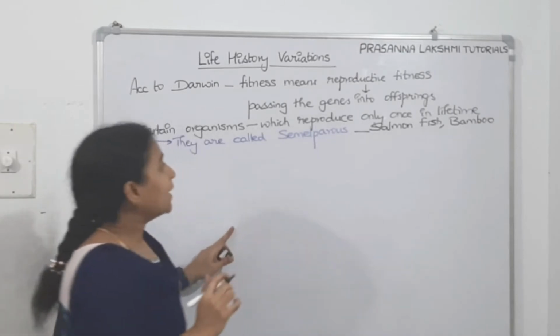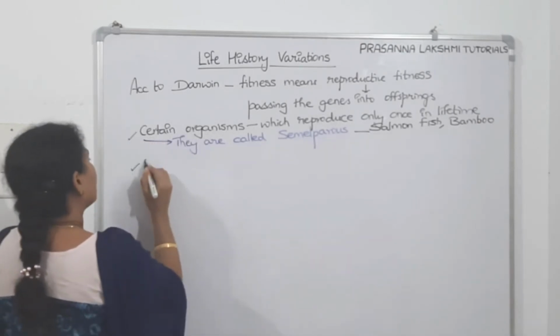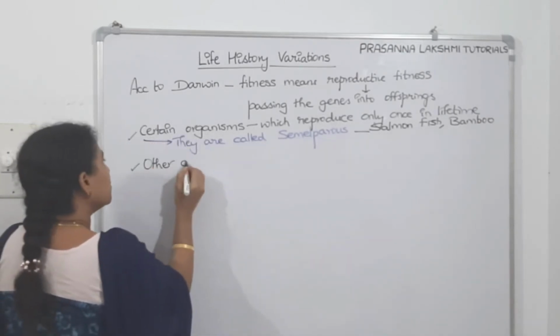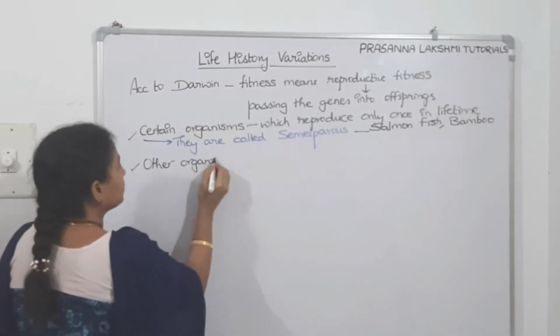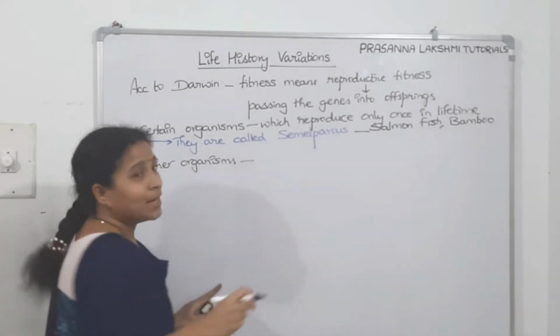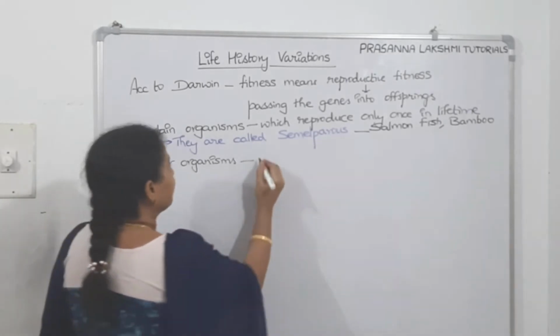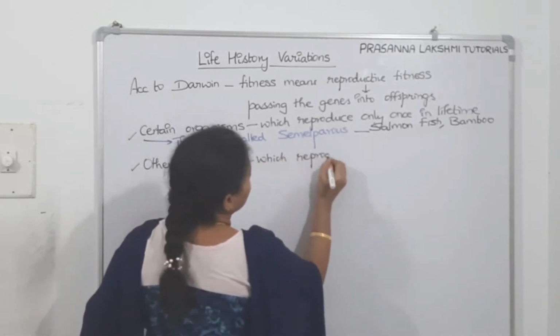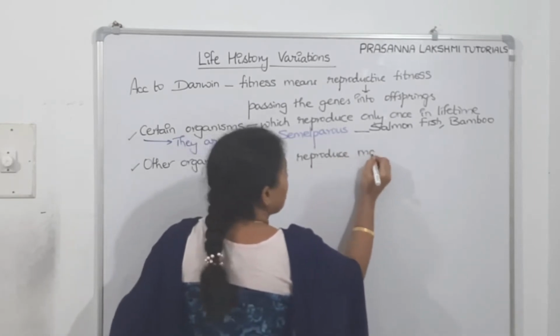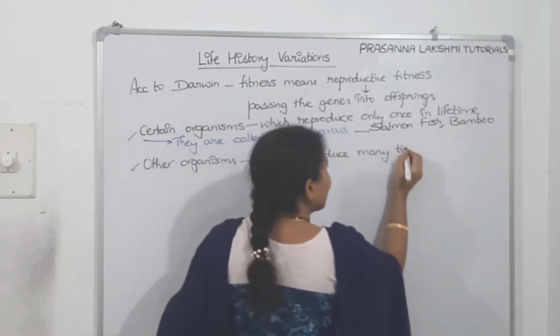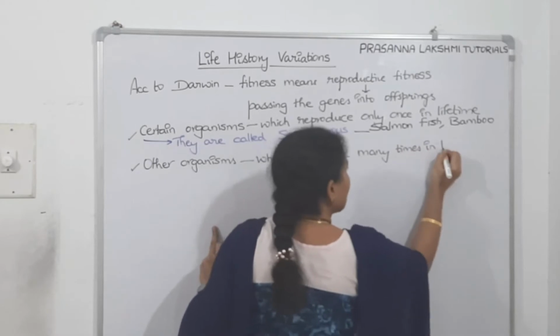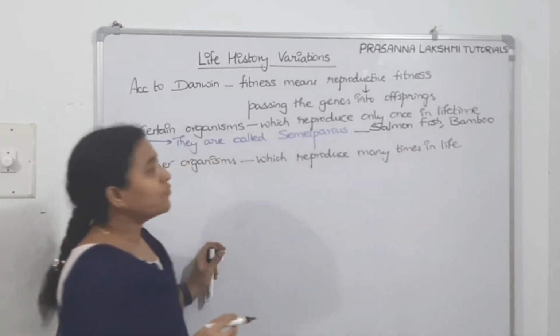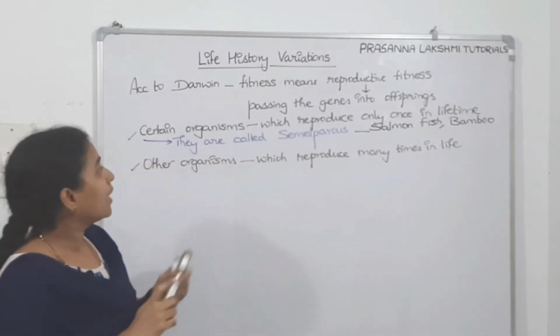Now, the other category of organisms reproduce many times in their life. The organisms which reproduce once in their life are called semiparous.